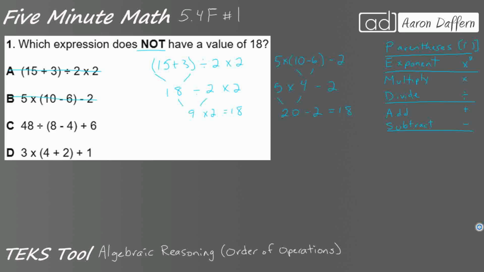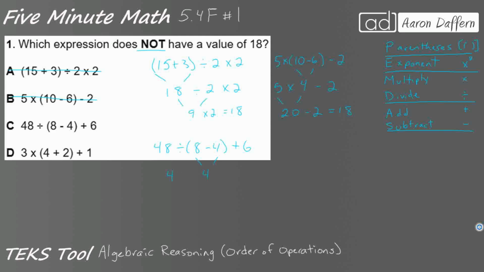Let's look at C. So 48 divided by the quantity 8 minus 4 plus 6. We need that parentheses there because if not, we would just do 48 divided by 8. But we want to go ahead and subtract within the parentheses first. So 8 minus 4 is going to be a 4.